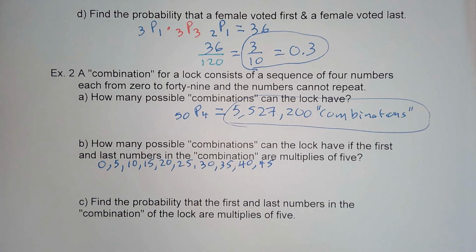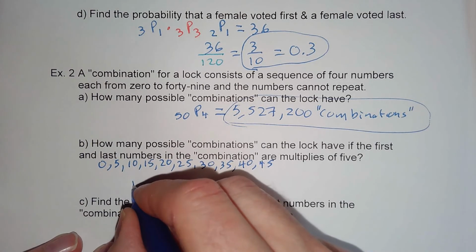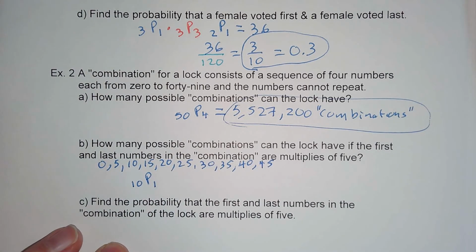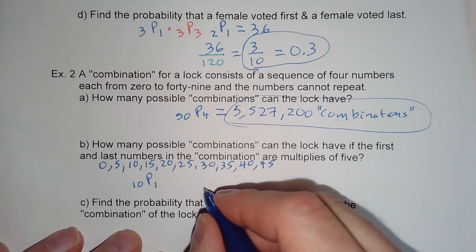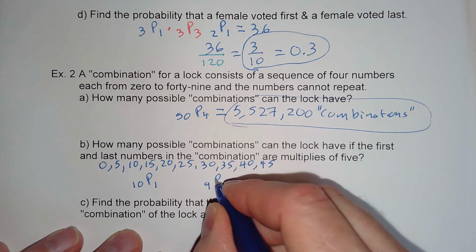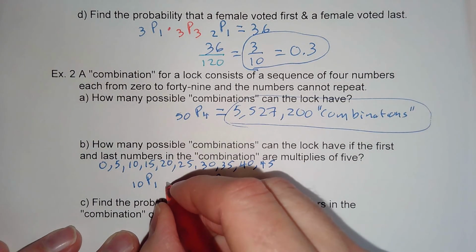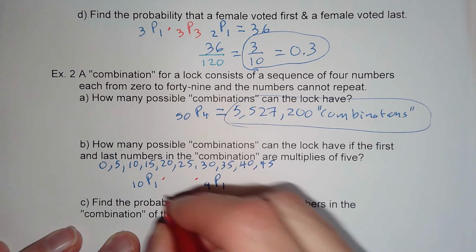So the first number is a multiple of 5, so I have 10 numbers to pick from. I'm going to choose one of them. And if I pick the first number to be a multiple of 5, that leaves me 9 numbers left over for the last slot. And then I have the middle 2 numbers, and there are 48 numbers left, and I'm going to be picking 2.